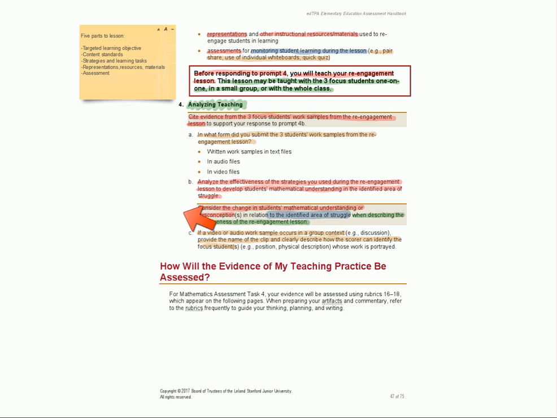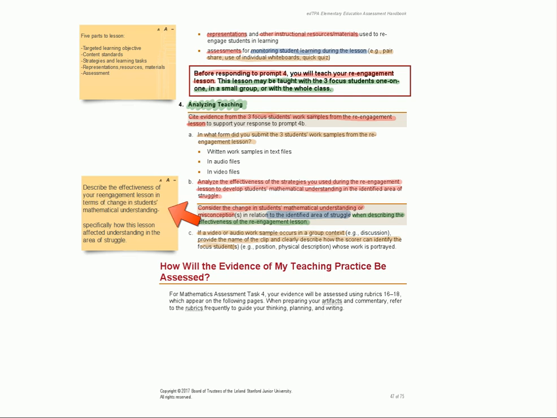Okay? And the important part down here, when you're thinking about the effectiveness of the lesson, describe the effectiveness of your engagement lesson in terms of change in students' mathematical understanding. Okay? So it's how they think differently now because you've taught them that matters in your re-engagement lesson.